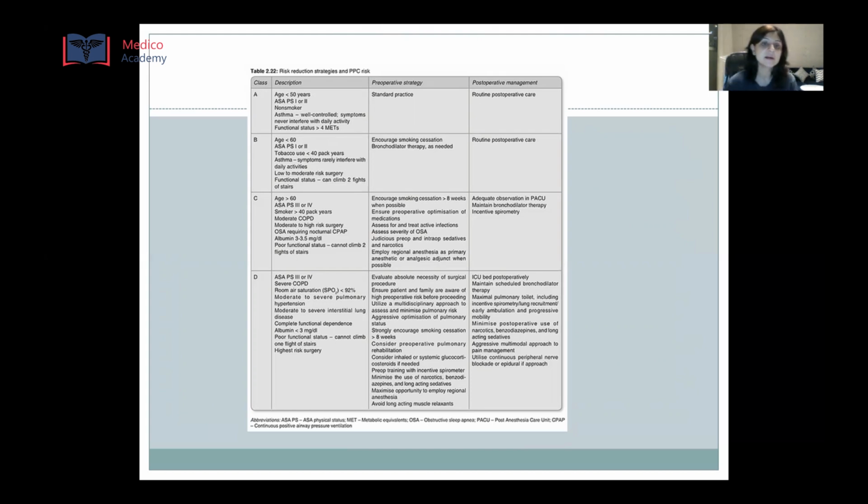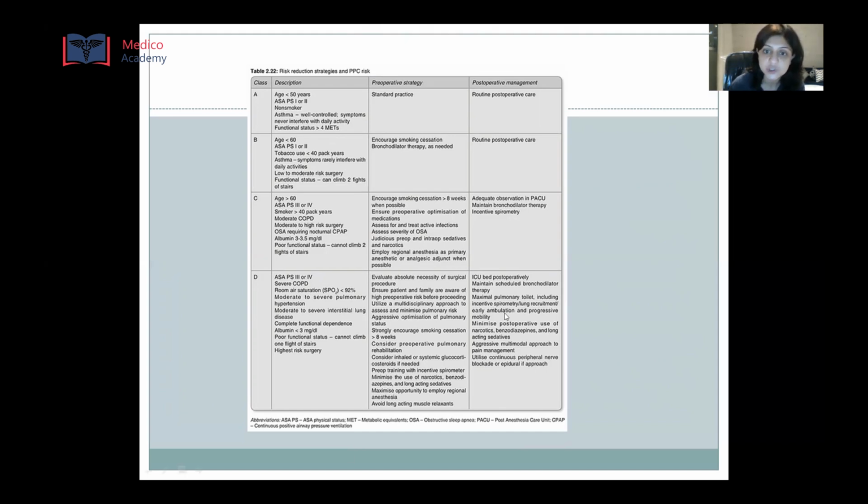Category B is a little more high risk, where we need to encourage smoking cessation, bronchodilator therapy as needed, and again routine postoperative care. Category C is moderately high risk, where we have an ASA PS of 3 or 4, and category D is ASA status 3 or 4 with severe COPD and room air saturation less than 92, where we might need an ICU bed postoperatively.